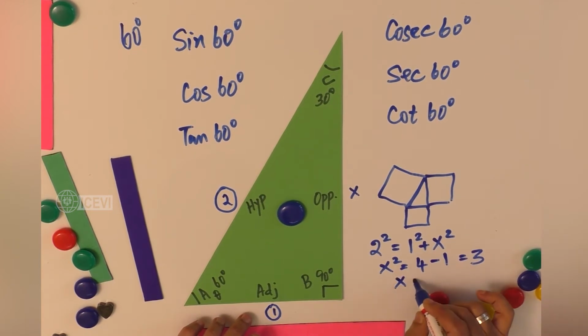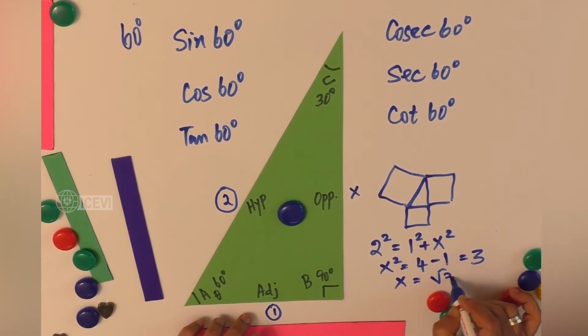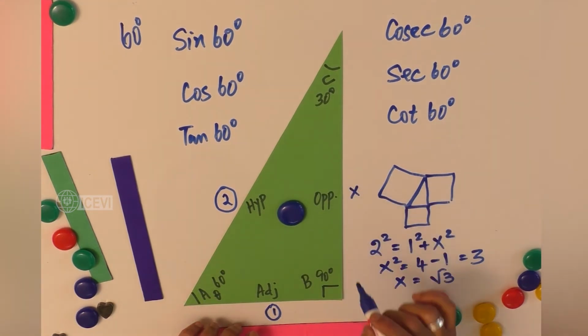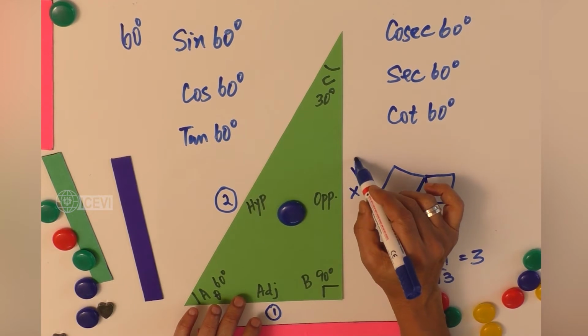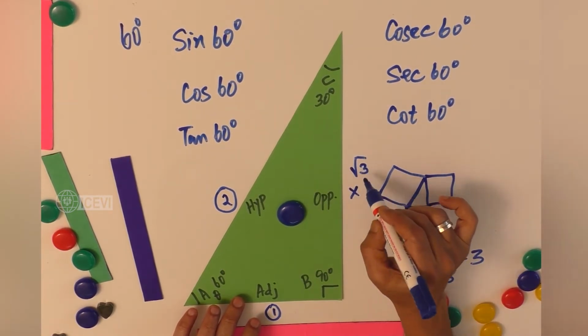So x becomes square root of 3. So the opposite side, which was unknown to us, has the value of square root of 3.